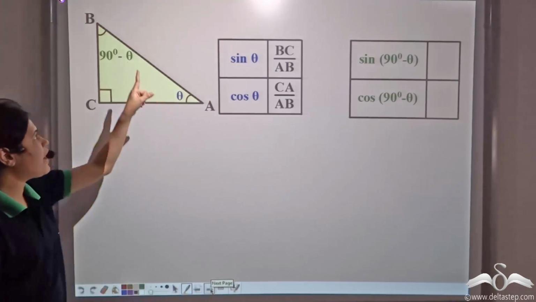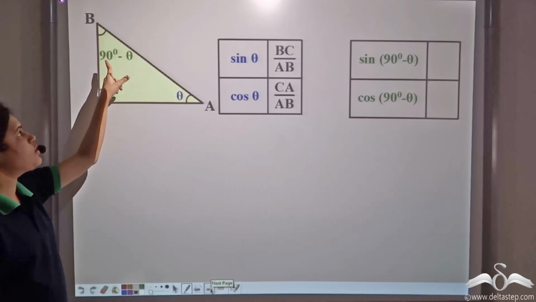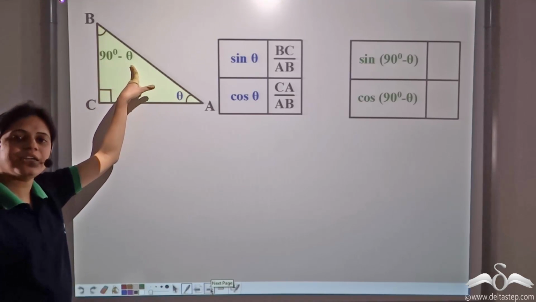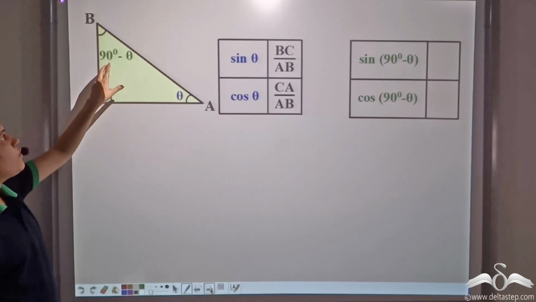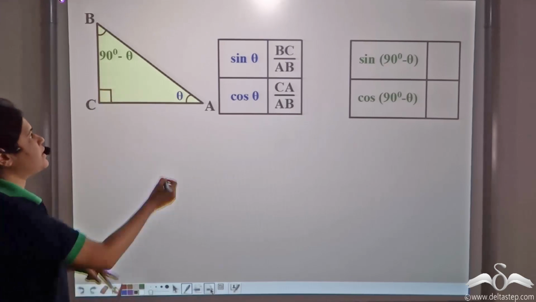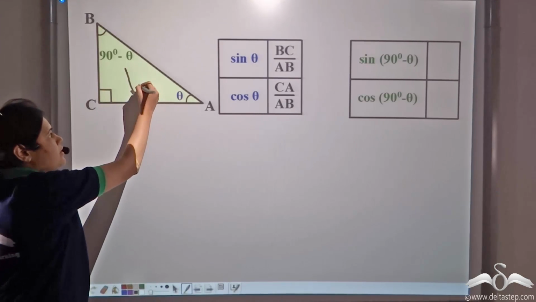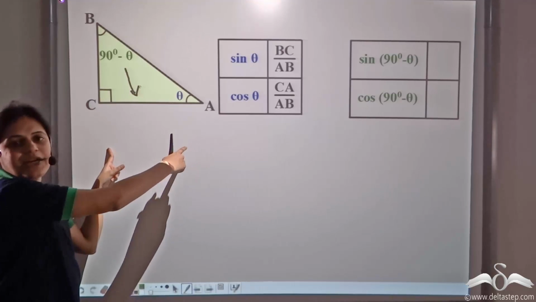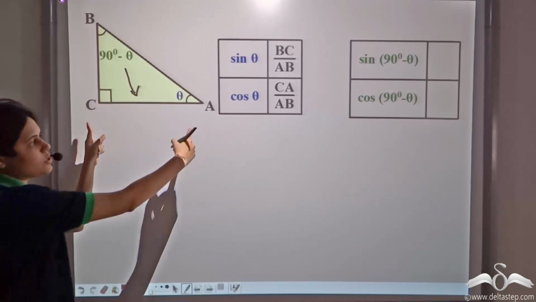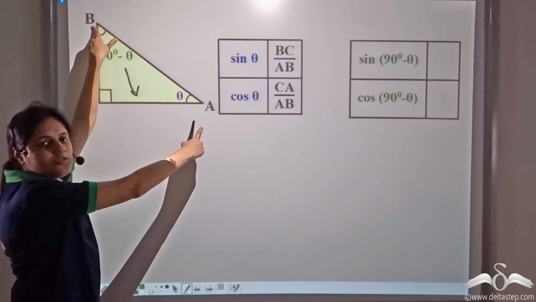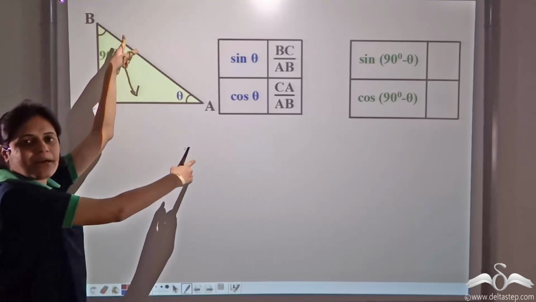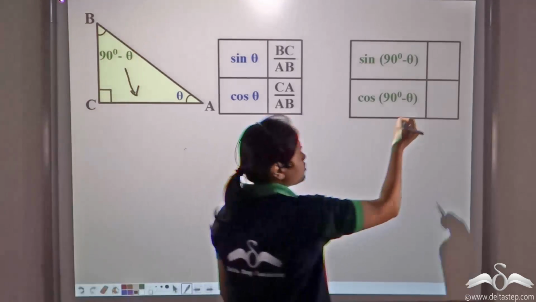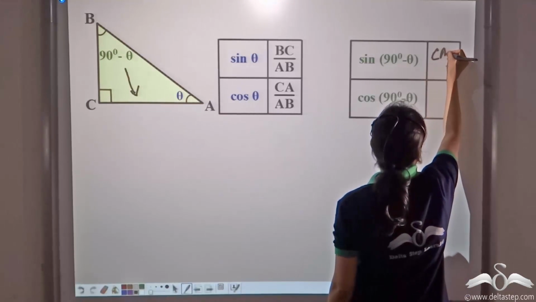Now let us find the value of sine and cos for this angle, 90 degrees minus theta. For 90 degrees minus theta, this is the opposite side, CA. So sine of 90 degrees minus theta is opposite by hypotenuse, that is CA by AB.